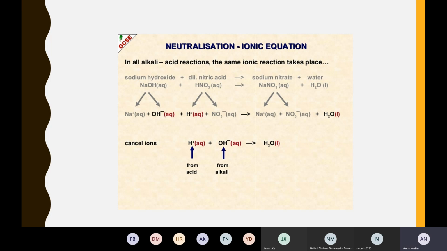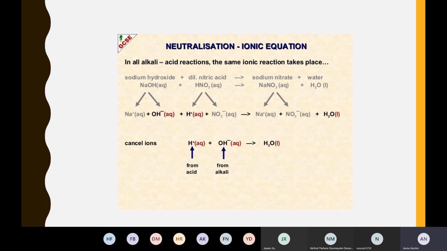This nitric acid goes into hydrogen positive and nitrate, NO3 minus. Now, what will happen? This hydrogen positive will react with hydroxide negative, and it will give you what? Water. Water is formed.